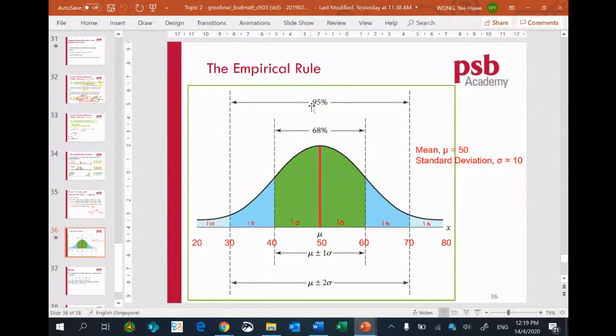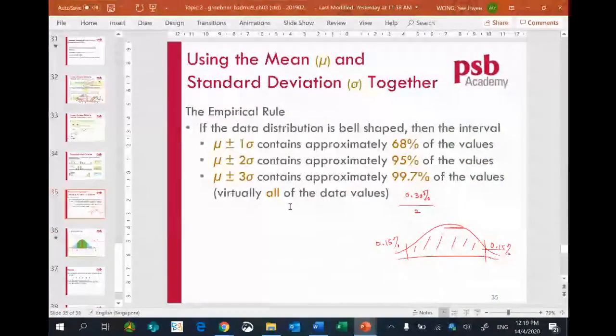And 95% covers from 2 standard deviations to the left up to 2 standard deviations to the right. Okay, so this is how you write it: mean plus 1 standard deviation, minus 1 standard deviation is 68. Mean plus 2 standard deviations, minus 2 standard deviations is 95. Okay, and the third magic number is 99.7. You will know how to find this out in topic 5. So at this moment, just memorize these three figures.